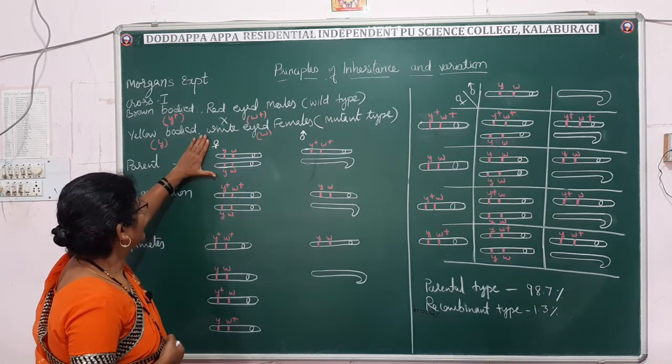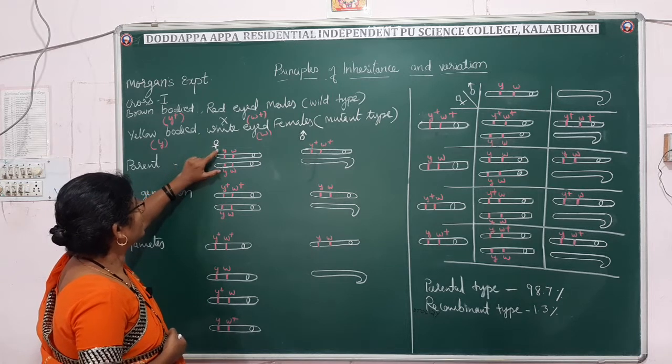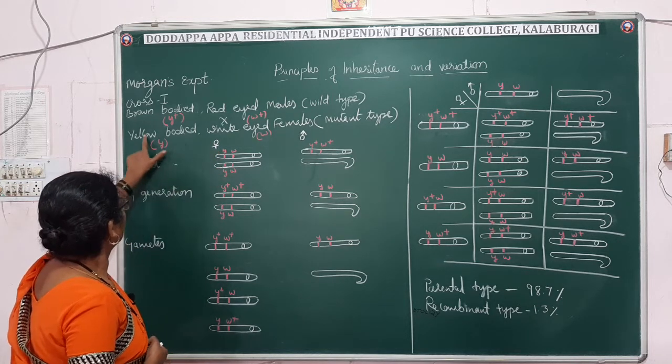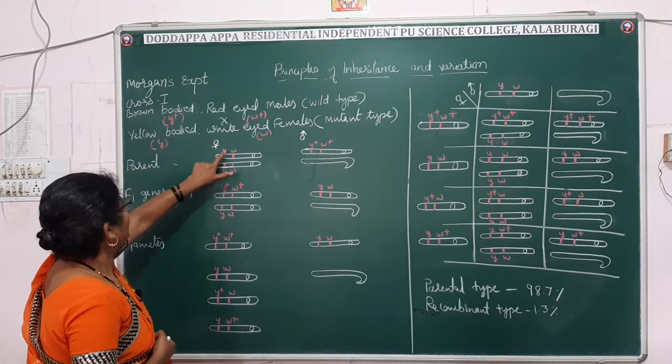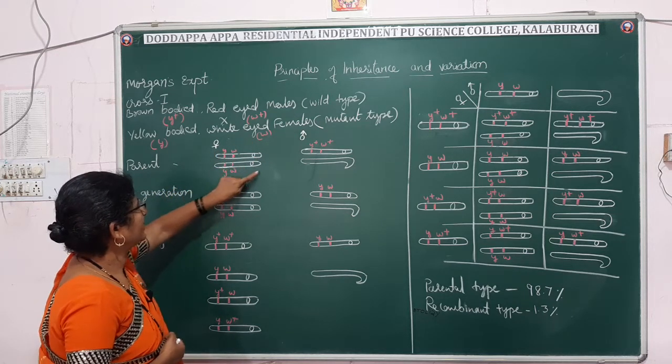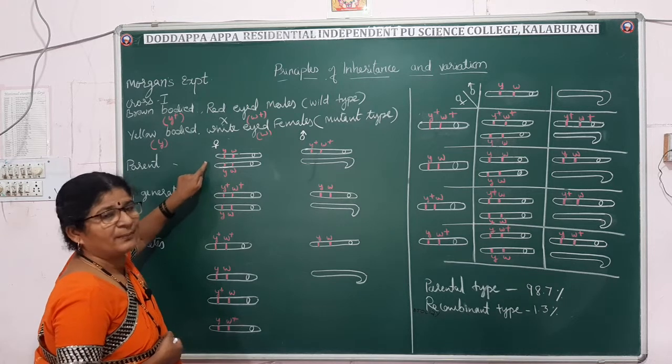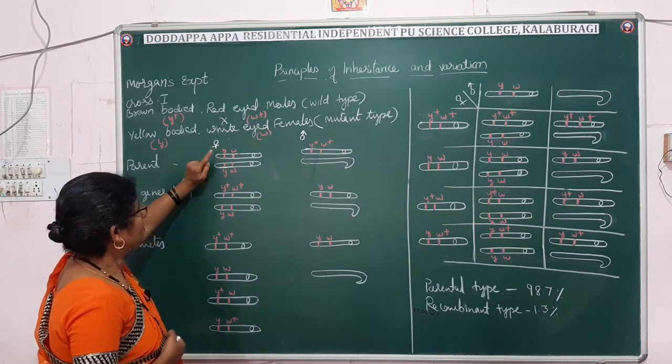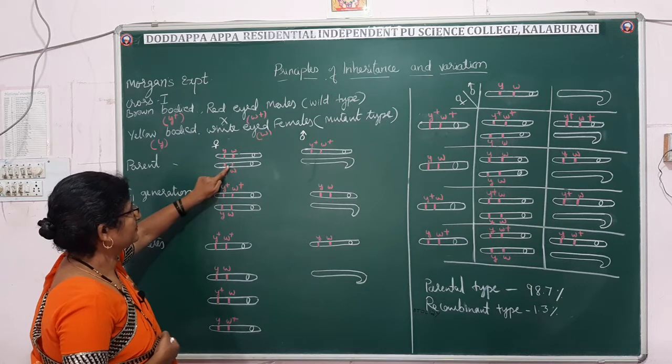Here we have indicated the mutant genes, yellow body by Y and white eye by W. First, Morgan selected homozygous parents, so it is homozygous for both the genes.